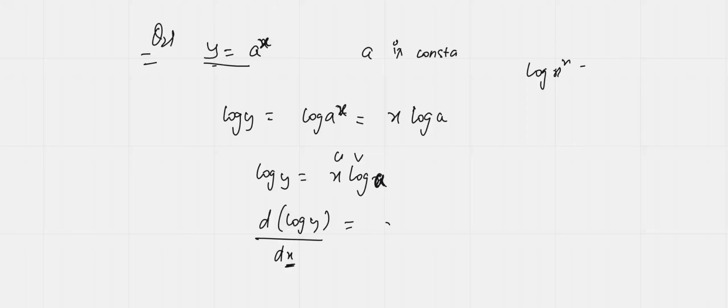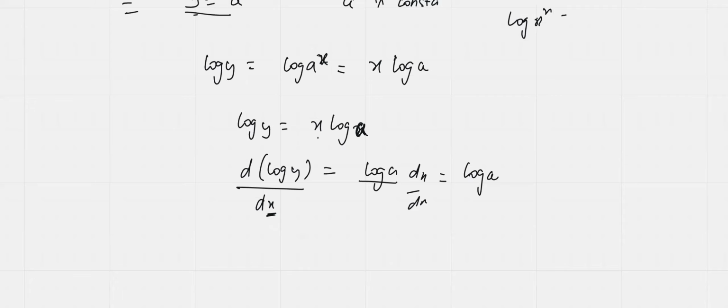Another way you can say: this a was a constant, so log of a will also be a constant. So you don't even have to differentiate this part. You can simply write this as log of a, because this is a constant. Differentiation of x, dx by dx, will come out as only log a. Is this clear? Now the part is how you will differentiate this log of y.